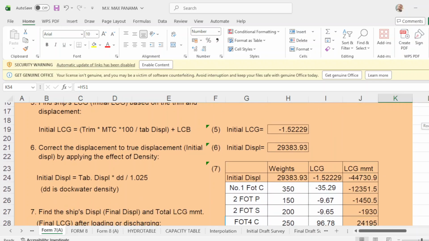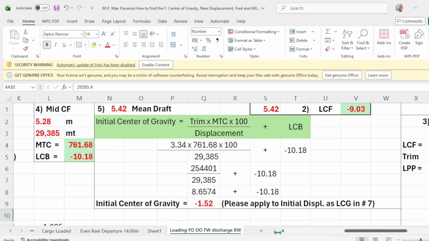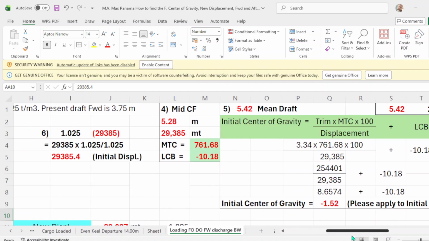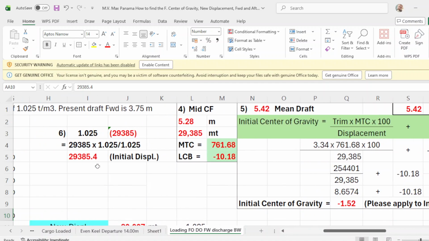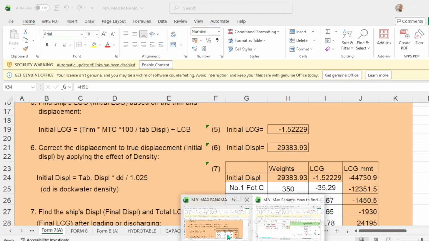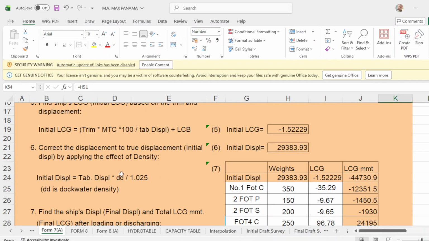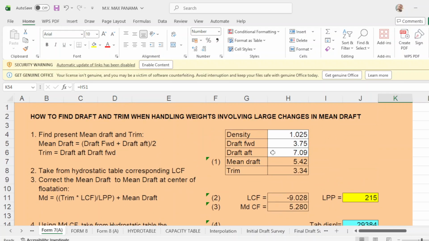So now we go to number 6. Let's say number 6 here. It's number 5. Number 6 is this one. The displacement is 29385. Okay. And the formula for program number 6 is initial displacement is tabulated displacement times local density over 1.025, which is the dock water density. But your dock water density is 1.025.